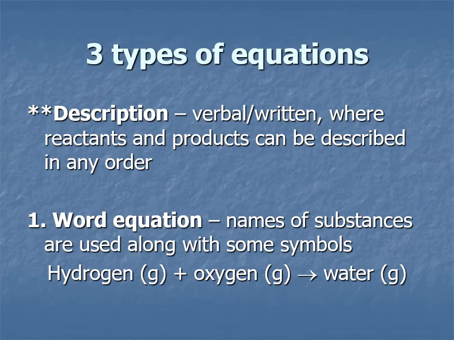Okay, there are 3 types of equations that I would like you to be aware of, and on this slide I'm starting with the word description, and a description is not an equation. That would be like me talking to you as I have done the whole time here, and describing a chemical reaction like that dichromate one. That's just a description. It could be verbal, or it could be written down somewhere. And I can mention the products and the reactants in any order, like the brownie mix thing. If I take a brownie mix, I can make brownies, but I will need oil and an egg.